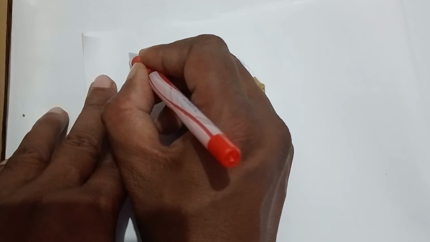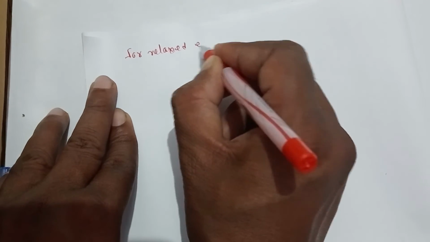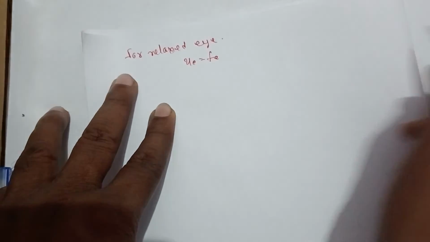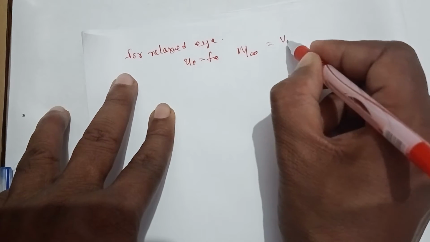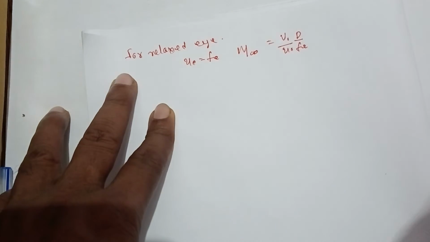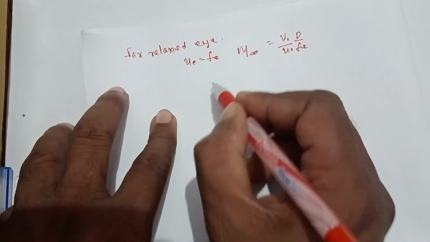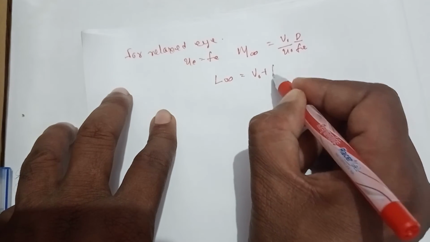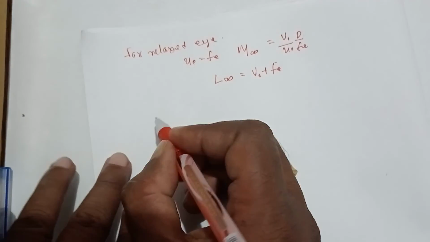First for the relaxed eye, we can write Ue is equal to Fe. So M at infinity is equal to V naught by U naught into D by Fe. This is the magnification when our eye is relaxed. So length L at infinity is equal to V naught plus Fe.